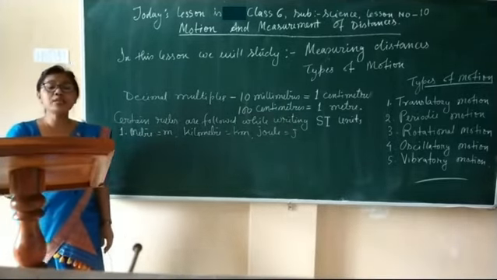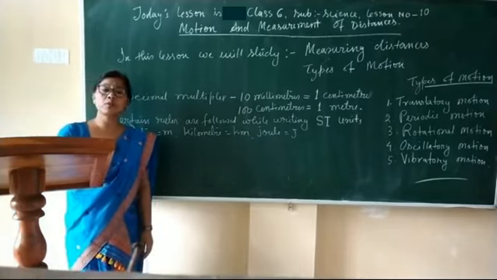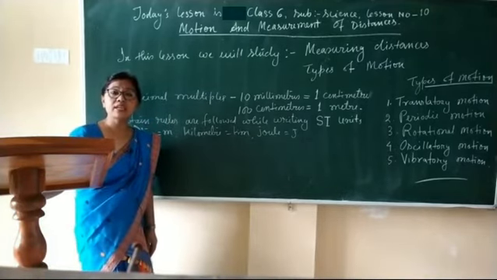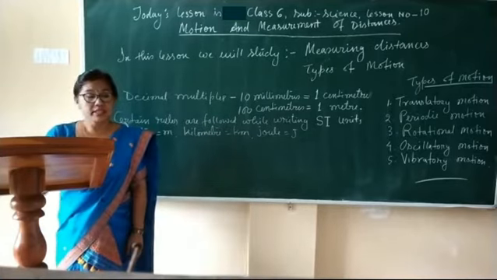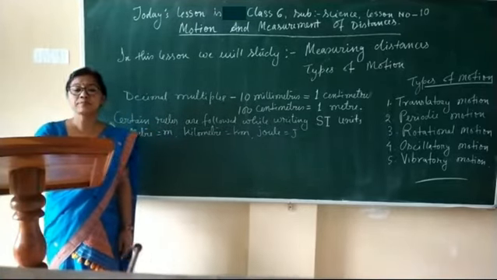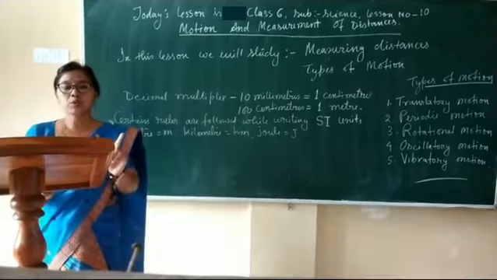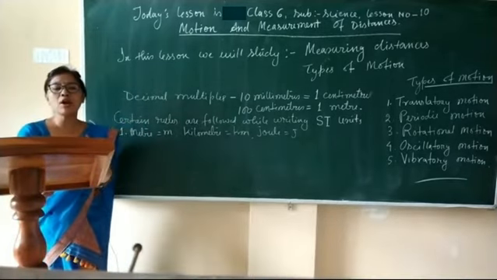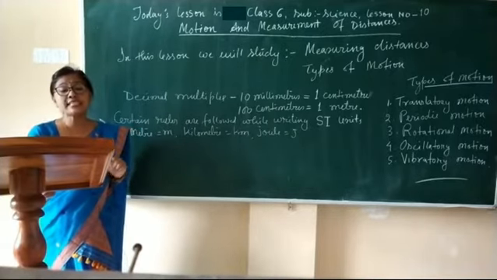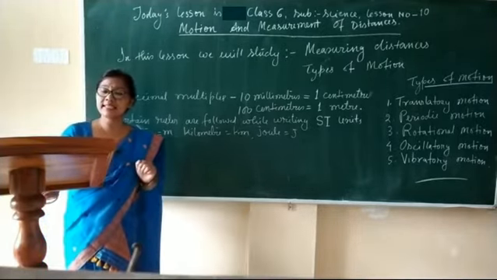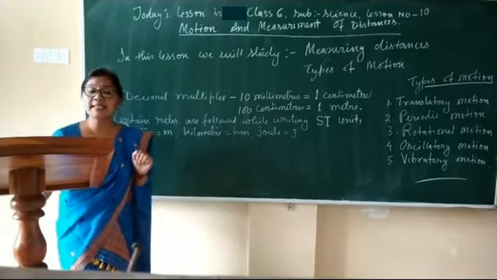Now, certain rules are followed while writing SI units. There are 4 rules given in the book. So let us discuss. Rule number 1. The symbol of a measuring unit is written in small letters. But if it is named after a scientist, it is written in a capital letter.